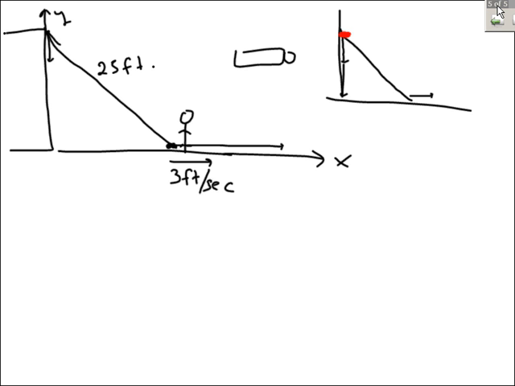Okay, so the question is, so I told you you're pulling it to the right 3 feet per second.